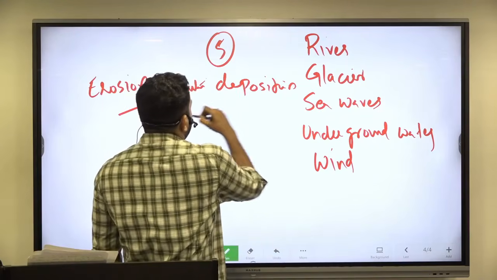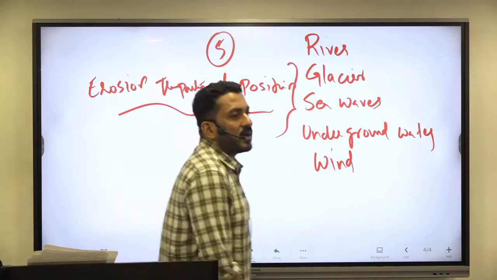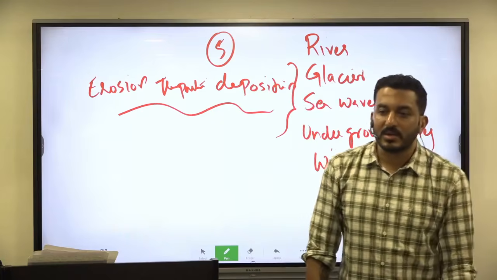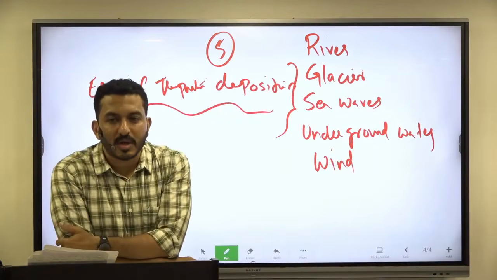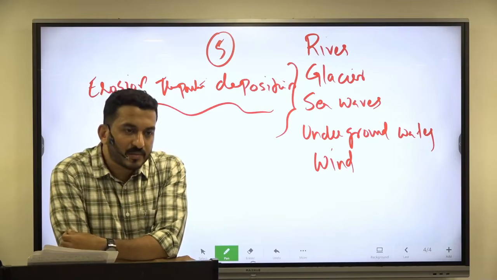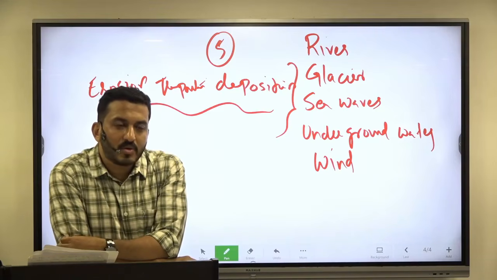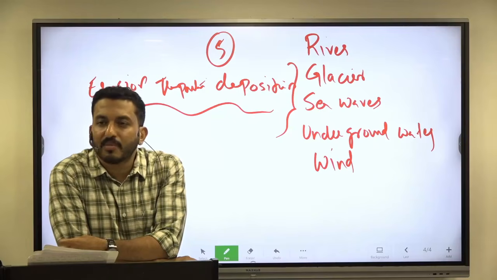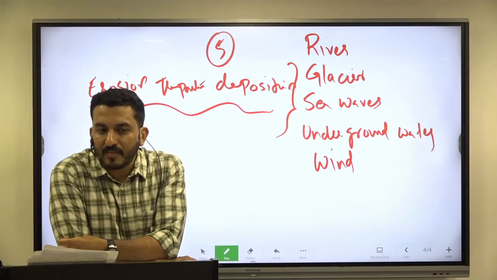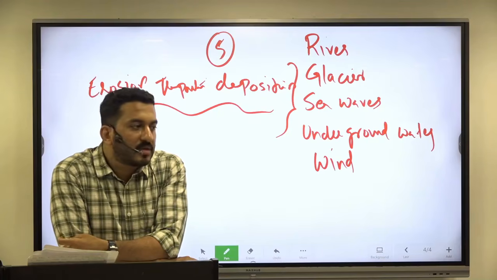These 3 are the fundamental tasks of any exogenic agent. Any exogenic agent is involved in a 3-fold task: 1 is erosion, 2 is transportation, 3 is deposition.